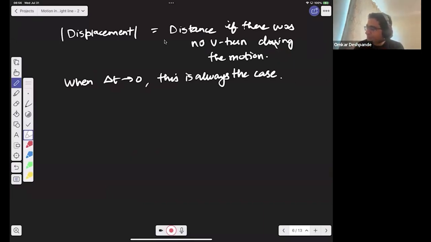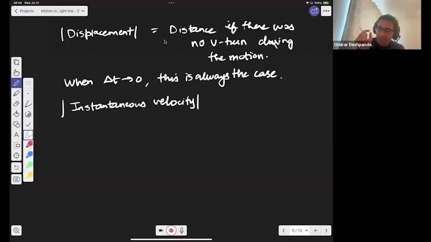So the magnitude of the instantaneous velocity, just dividing that small displacement by delta t, will be equal to the distance divided by that small delta t, which is the instantaneous speed. So in that case, the instantaneous velocity is the same as the instantaneous speed.